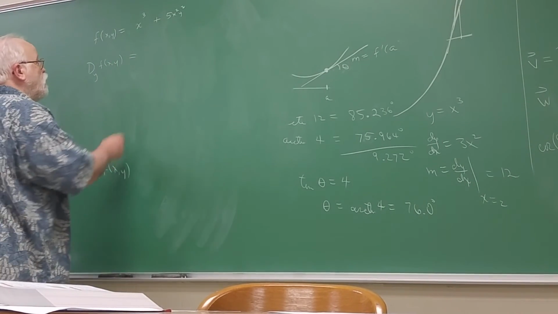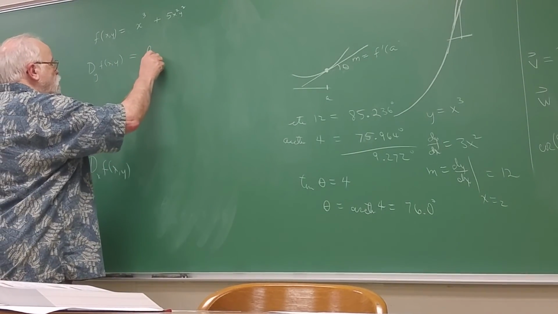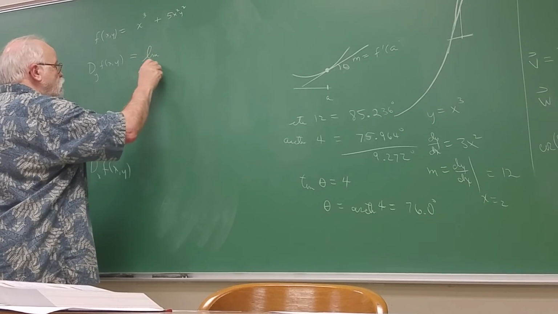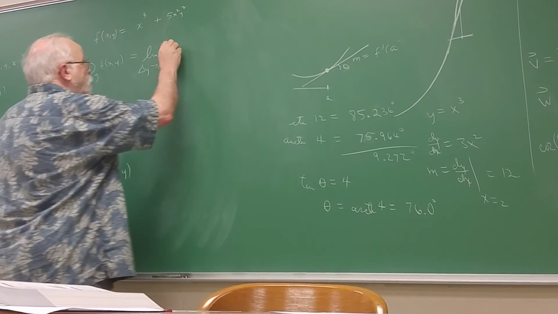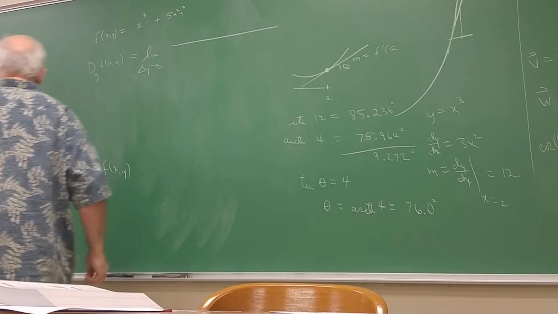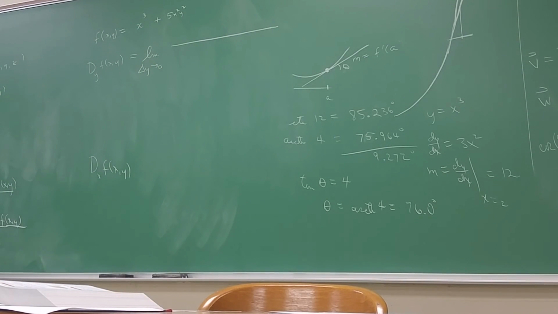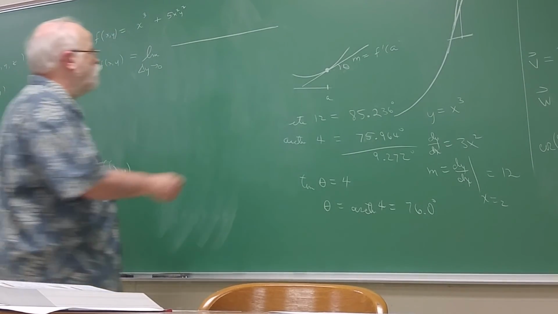But anyhow, so I'm going to take a limit, delta y to 0, and I'm not going to write this down again, but that's what we're after, right? So f of x,y is this. Don't forget the parentheses.